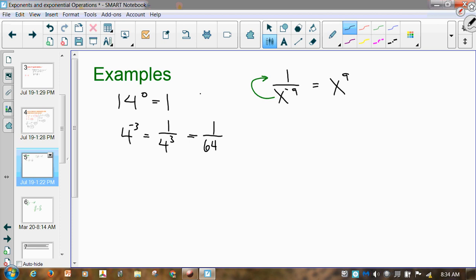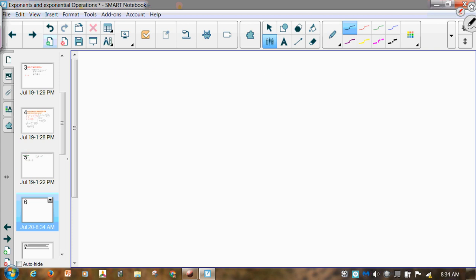So what if we have, let's do a couple more here. Let me create another empty page. Let's do 14 squared times 14 to the minus 2. Okay, we'll show this 2 different ways. First of all, this is going to become 14 to the 2 minus 2, which is 14 to the 0, which equals 1.